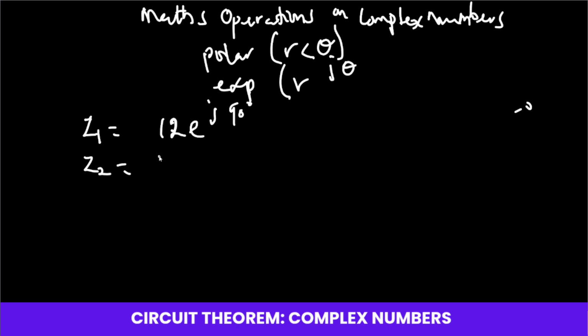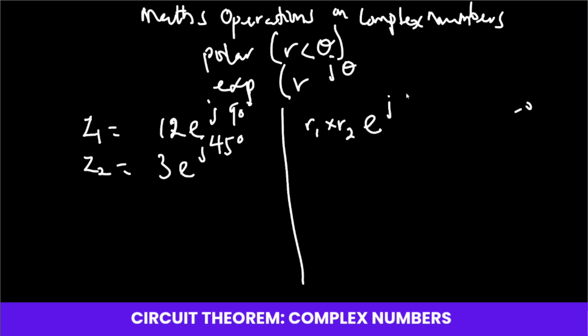Okay, and we have 3e j 45 degrees. Okay, so now the same way we deal with the polar form for multiplication, we do the same to this. So we are going to multiply the magnitudes, then we add the angles. So angle theta 1 plus angle theta 2, degrees or rad.